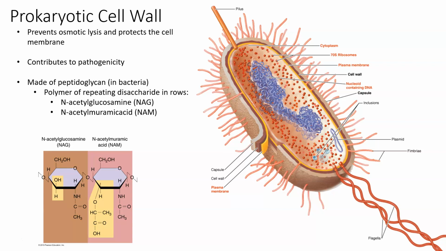And so we're talking about this particular structure right here in this particular bacterium. Okay, it's this brown color. It's on the outside of the cell membrane, in this case marked plasma membrane, but the cell wall, at its base function, is a boundary that both protects the cell and prevents osmotic lysis.